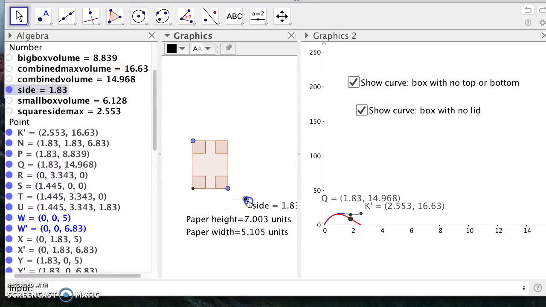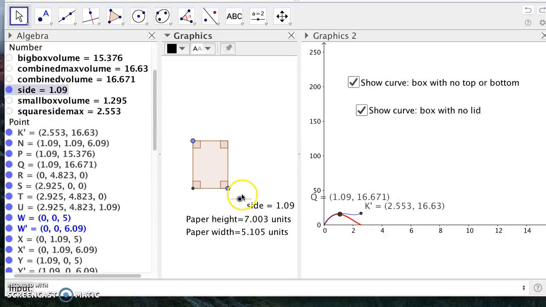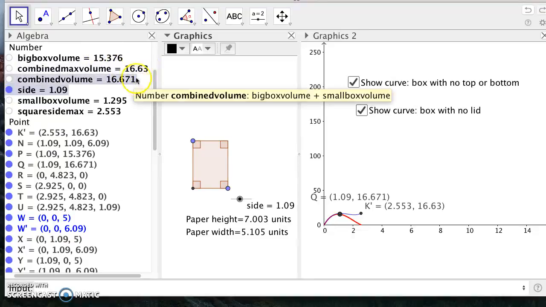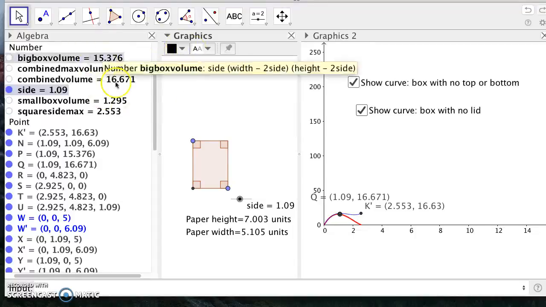So if I move this side, then you can see where the max volume is for the side. If I move it as close as I can get it, about right there, you see that these two numbers are pretty close in value. So this is a borderline situation.